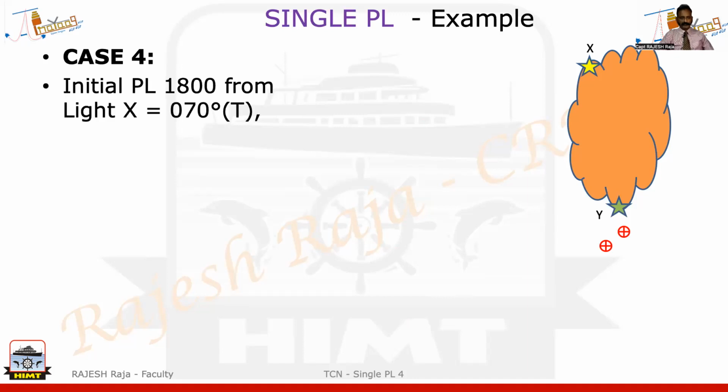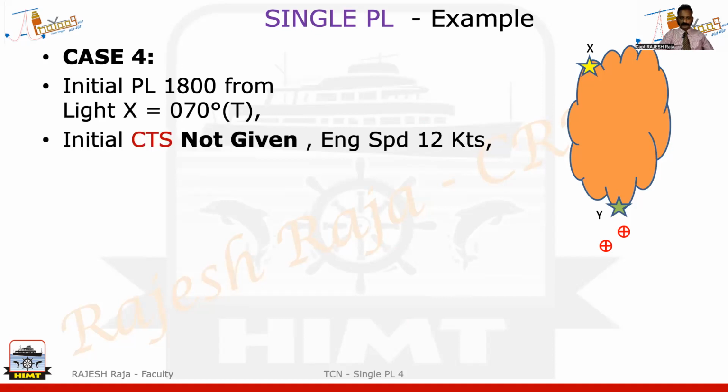As usual, I'm taking the same conditions. I'm just changing the data that is given to you in the question. So initial PL is still 070 with lighthouse X. This time I'm not giving you CTS, but I'm giving you engine speed, and I'm giving you a current. If you try to remember the previous cases, CTS not given was case number 2 we did, and the current we saw in case number 3.